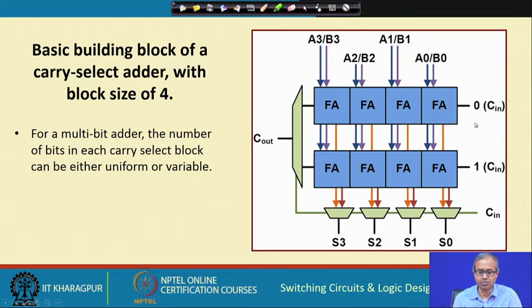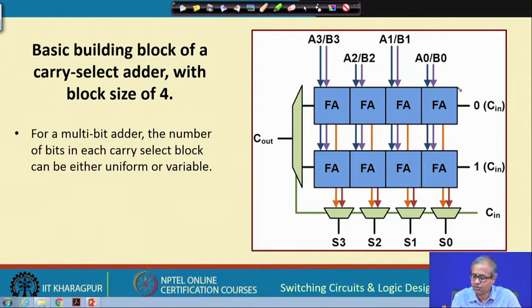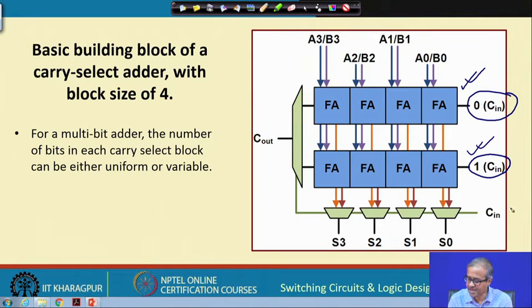Now, I am just showing you how a carry select adder looks. Consider a 4-bit adder module just like what we saw earlier. So, now we have two parallel 4-bit adders, one here and one here. One of them is adding assuming carry in is 0, the other is adding assuming carry in is 1. Later on, when the carry in actually becomes available from the previous stage, these full adders have already completed their addition.